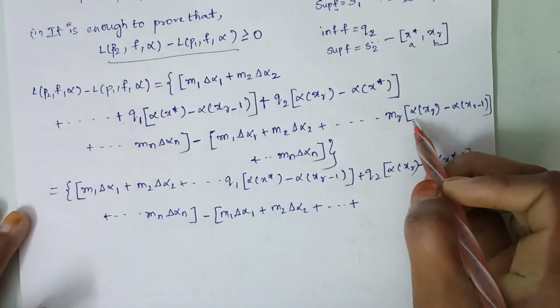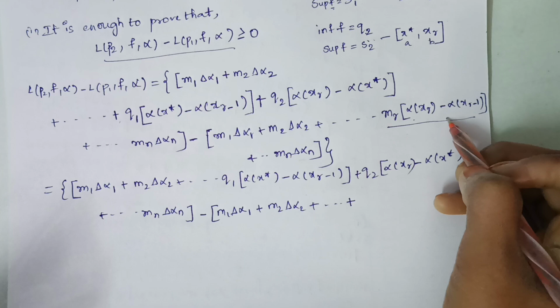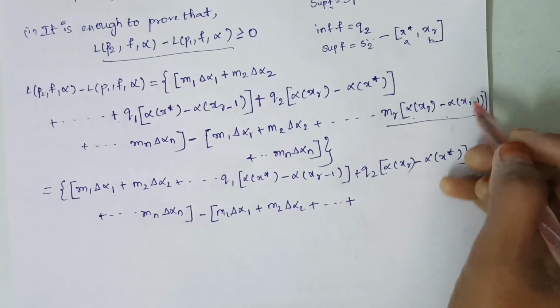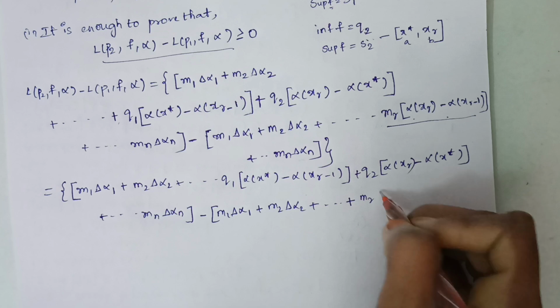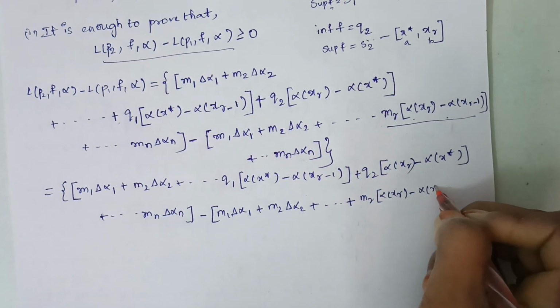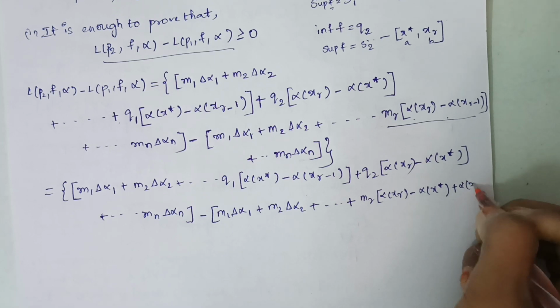Here what you need to do is, in this one, add and subtract alpha x star plus Mr into alpha x r minus alpha x star. I am subtracting and I am adding.